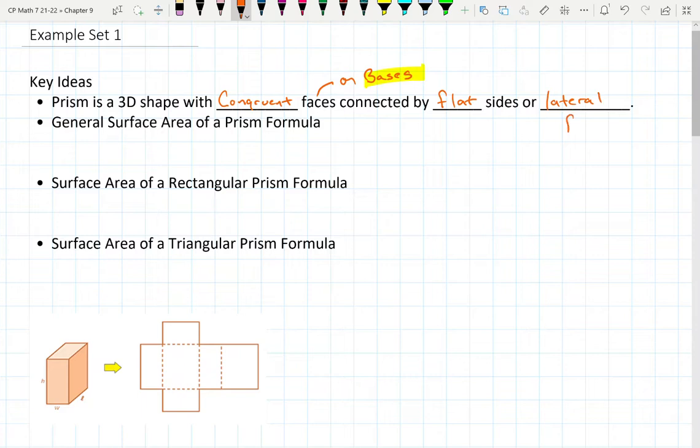The language of this section is a little bit different than you've seen before, but most of you will recognize that the bases are kind of considered the top or bottom. That's not exactly 100% true every time, because you can flip a prism on its side, but that's one of the easier ways to understand it. The lateral faces are what connects everything.